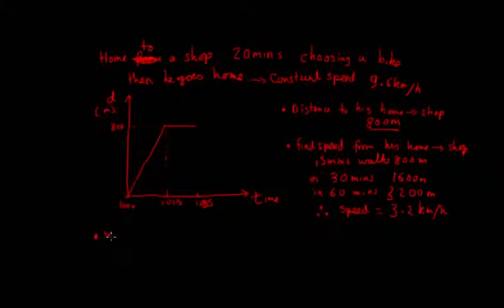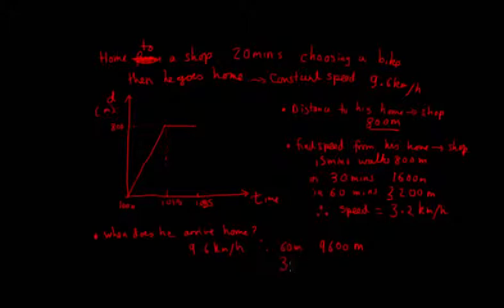When does he arrive home? We know his return speed was 9.6 kilometers per hour. So in 60 minutes he walks 9,600 meters.